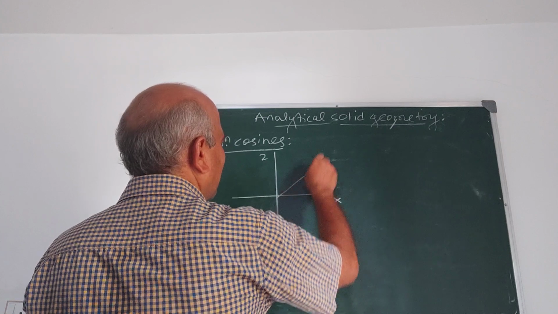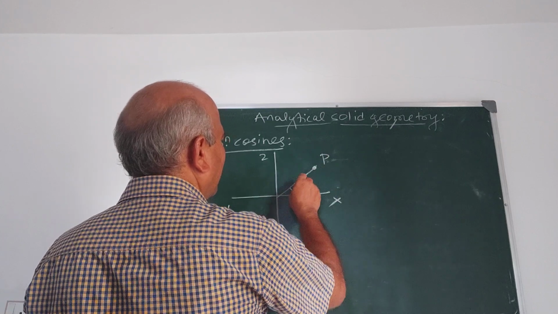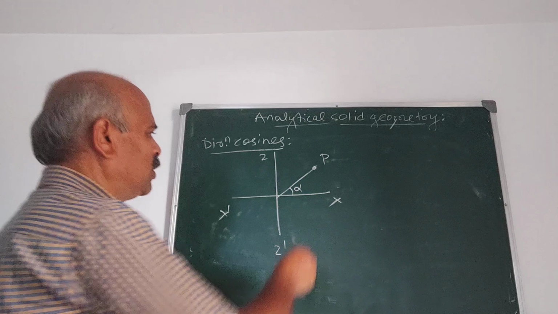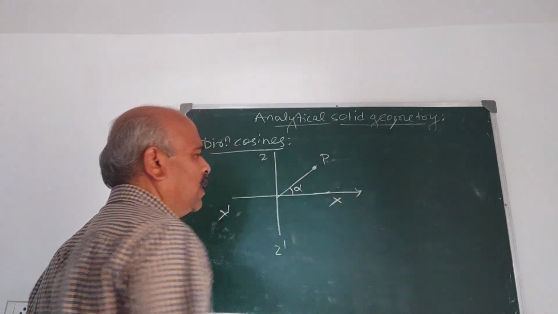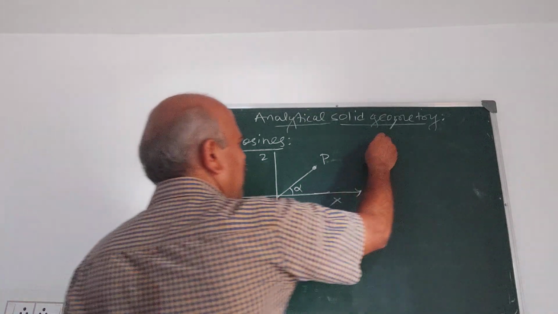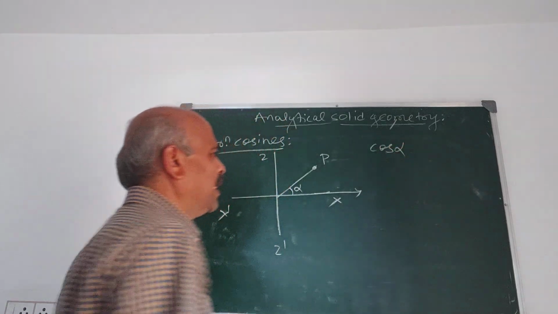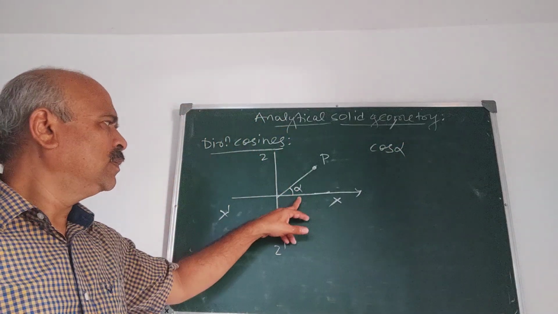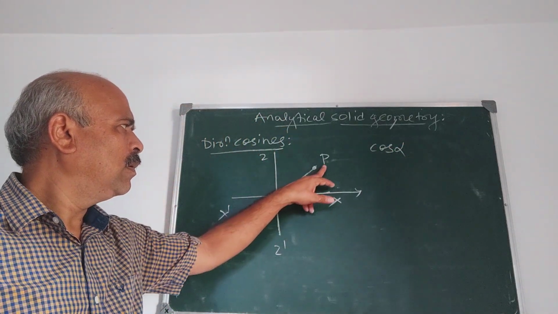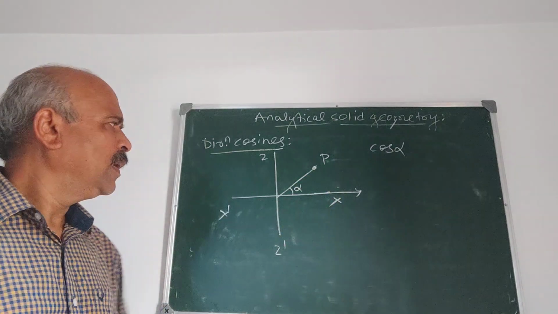If OP makes an angle alpha with the positive x-axis, then cos alpha is called the direction cosine of this line OP.